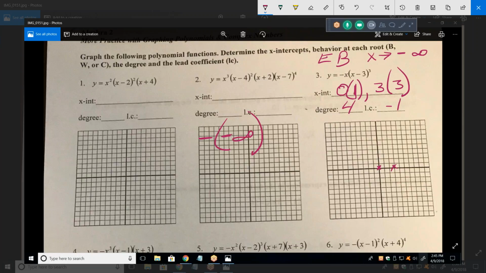That's minus x times negative infinity minus 3. In other words, all you do is substitute negative infinity for x. What's that? Negative infinity. It's negative times a negative. Positive.